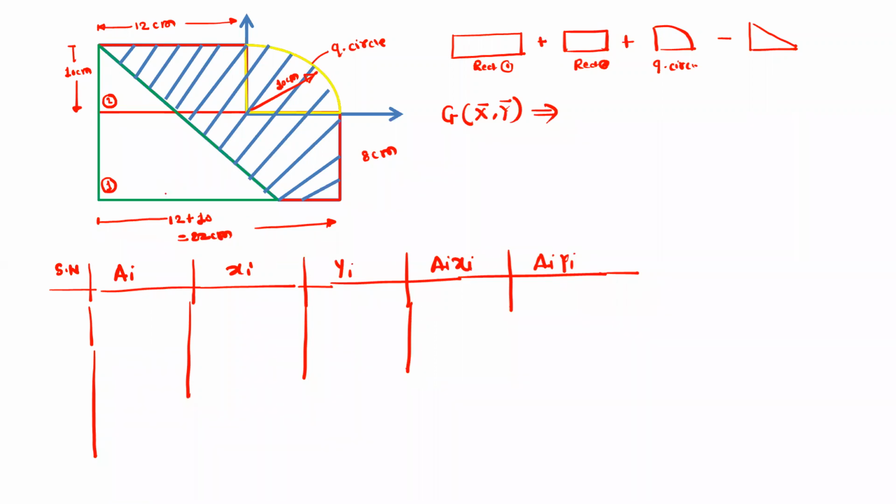So I will draw each geometry separately. So first select the rectangle 1. So this is the reference axis, and rectangle 1, its position is like this.